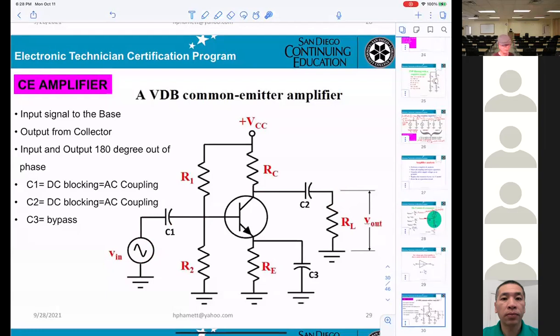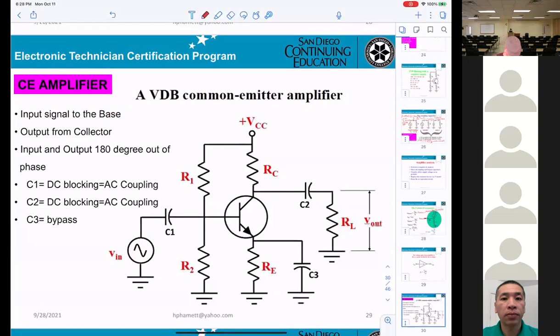That's very important. Input applied to the base, output from the collector. That's what we are already telling you here. And they also say the input and output are 180 degrees out of phase.